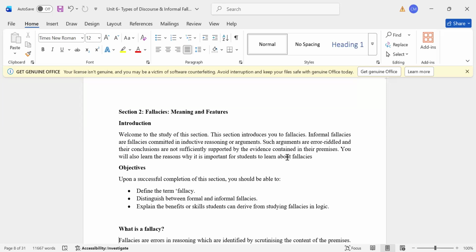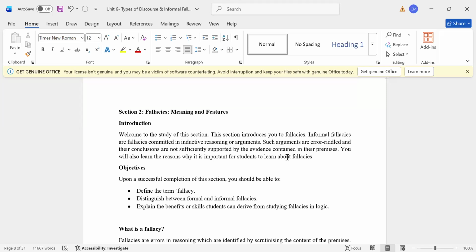If it is proven that the first figure is 2 and the second figure is 2, when we add them, we must get 4. Any other answer you get, even in primary school or less than that, will be marked wrong. That is a formal fallacy.